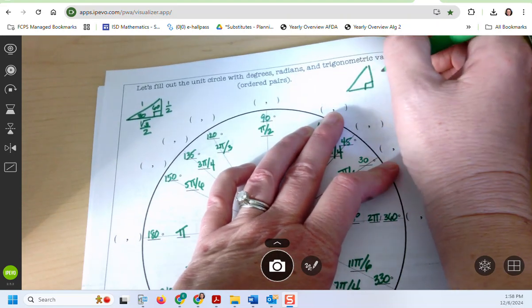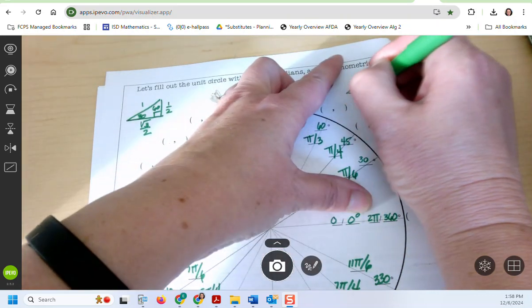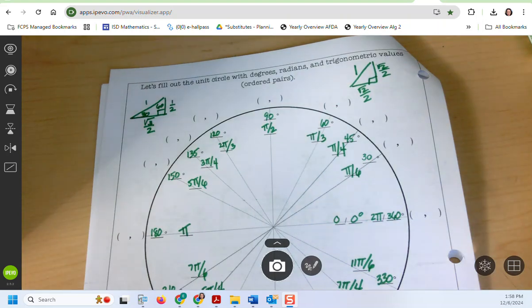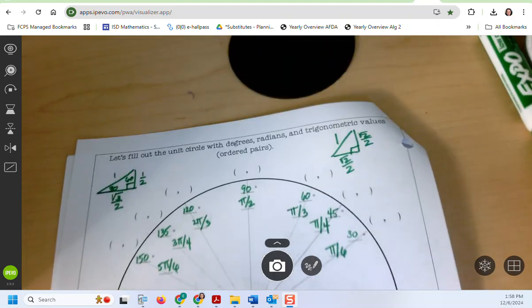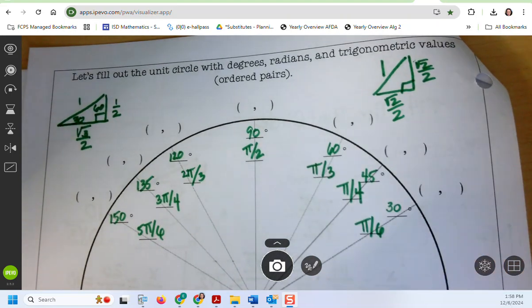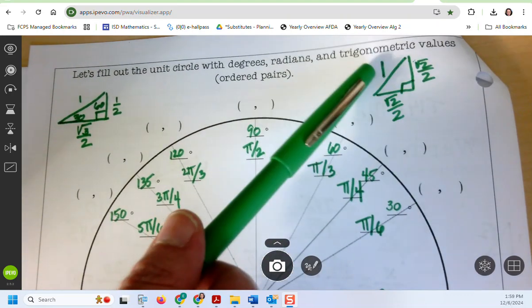And those sides were root 2 over 2, root 2 over 2, and 1. So those are the triangles that we're going to use to build our circle. If you haven't written them yet, let me give you a little zoom so you can see them a little bit better. Root 3 over 2, 1/2, and 1. Root 2 over 2, root 2 over 2, and 1.